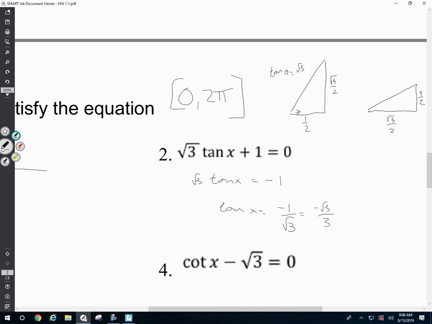The tangent of this angle, if I have 1 over 2 divided by root 3 over 2, I would end up canceling the 2's, and you could do this out. You'd have 1/2 divided by root 3 over 2, which is 1 over 2 times 2 over root 3. This would give you a tangent of this angle to be 1 over root 3. Okay? 1 over root 3.